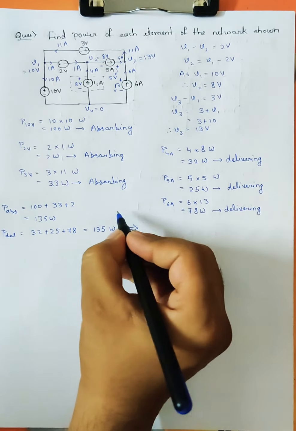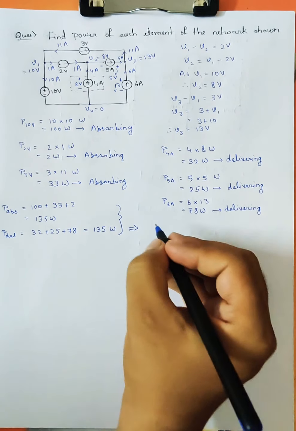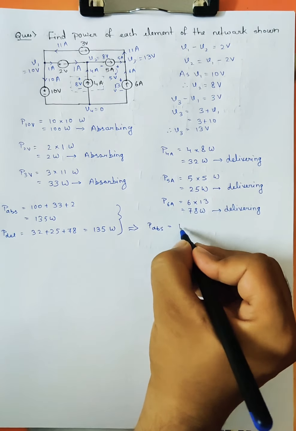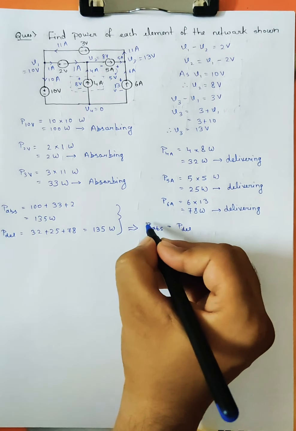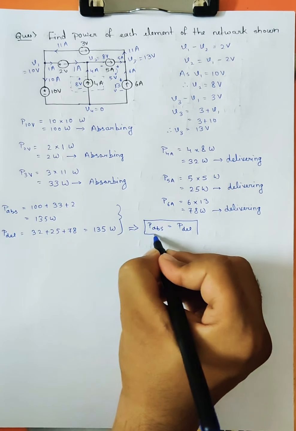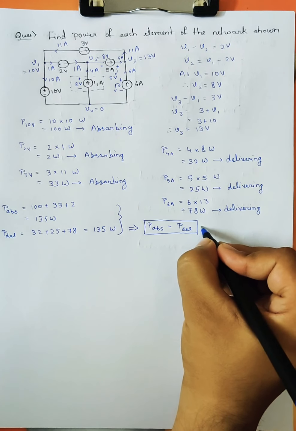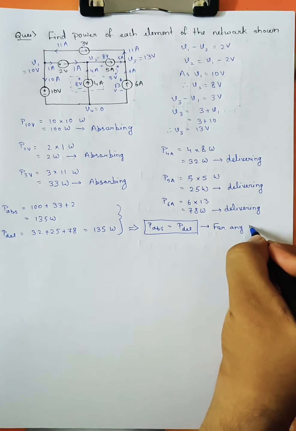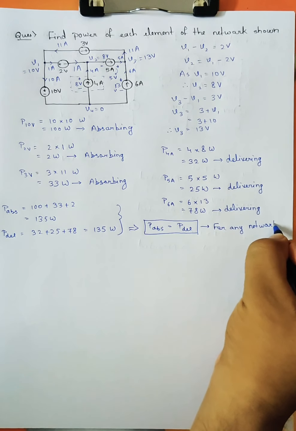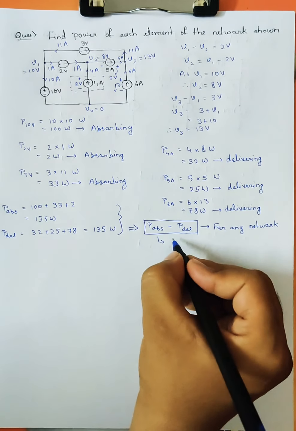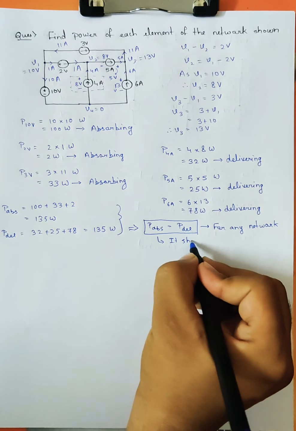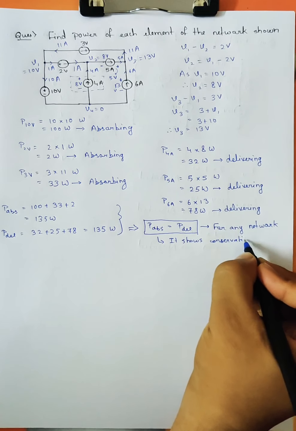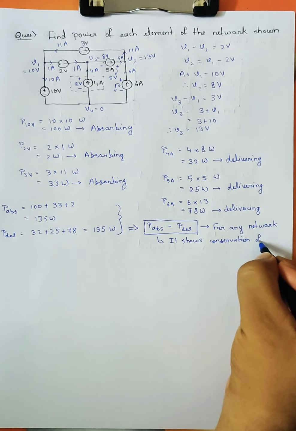These two equations imply that P absorbing is equal to P delivering. This is true for any network, and it also shows conservation of energy.